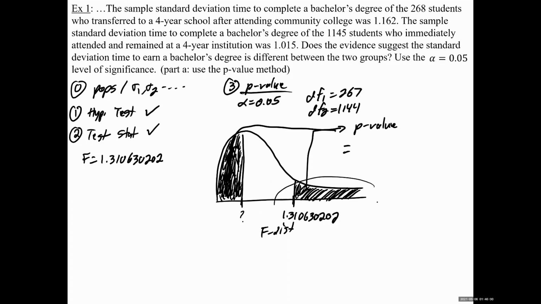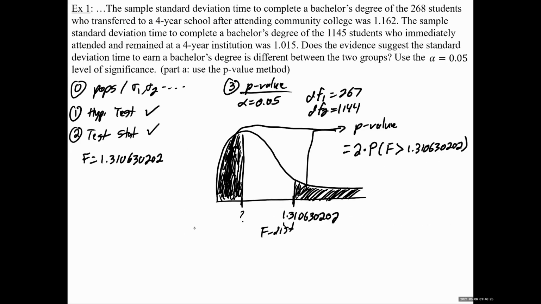The notation for this area is going to be probability. You're going to put an F because it's F distribution, greater than, because we're shading to the right, 1.3106300202. And then you multiply by 2. So 2 times that. Okay, there's a notation.